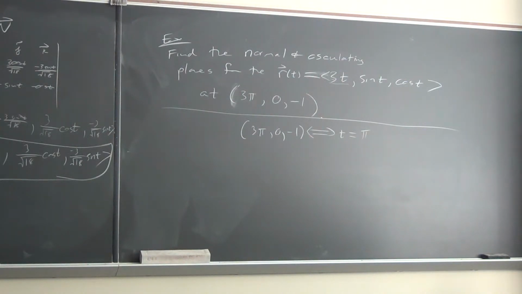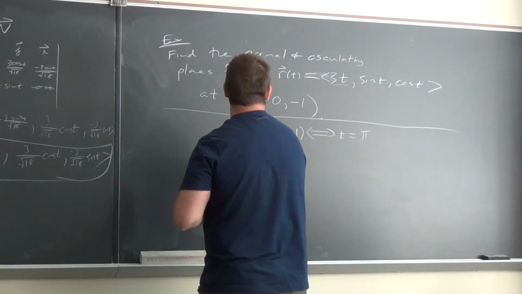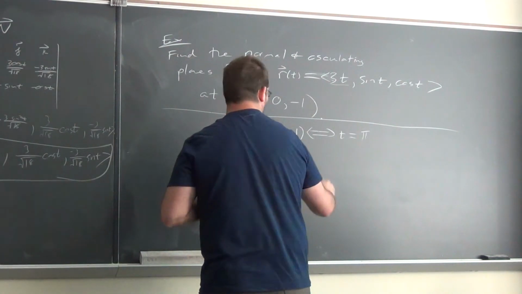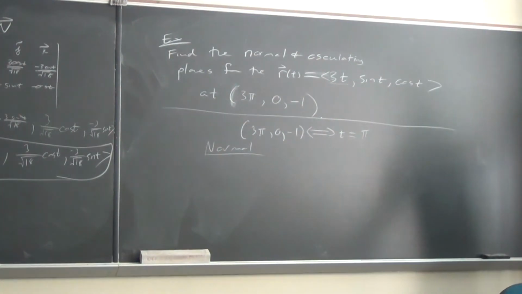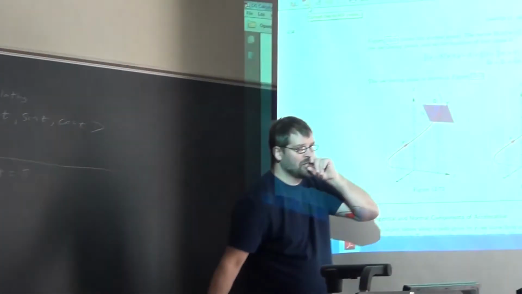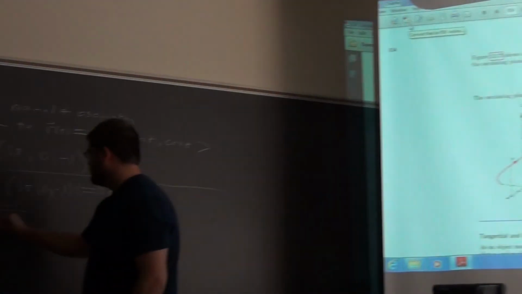And then we'll just calculate these things in order. We'll do the normal plane first. Again, if you look back at the picture, the normal plane uses the unit tangent as its normal vector. So we're going to need T of pi.